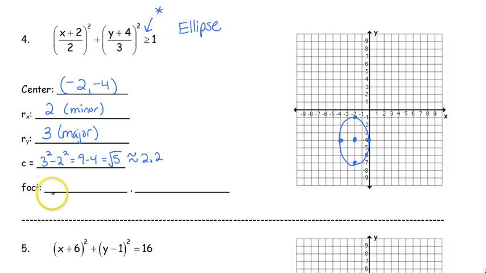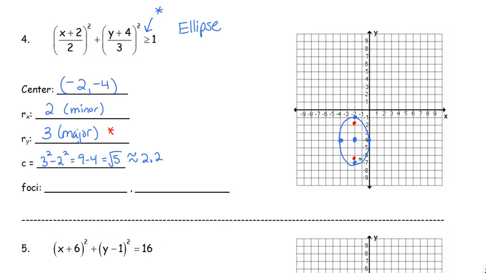Now I want to go to the foci. I don't want to graph my foci until after I've drawn my ellipse because I don't want any confusion on which points to connect together. The foci are the distance c from the center, and it's 2.2 from the center. The foci will always go on the major axis for ellipses, and the major axis is y, so I'm going up and down. So from the center I go up 1, 2, 2.2, down 1, 2, 2.2.